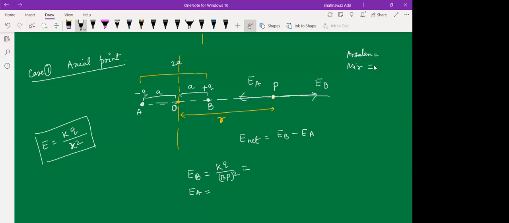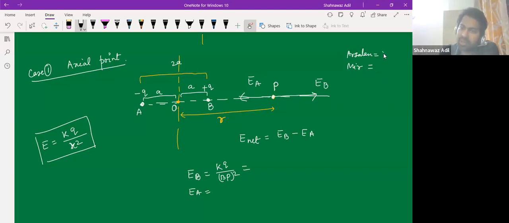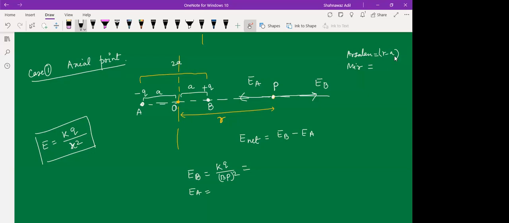Sir, BP is equal to R minus A. So Arsalan is saying R minus A. What about you, mate? What is your thought? Sir, what's the question again?